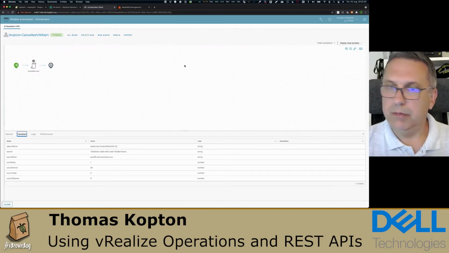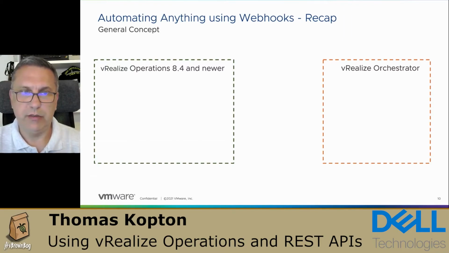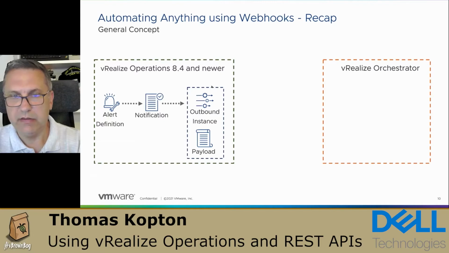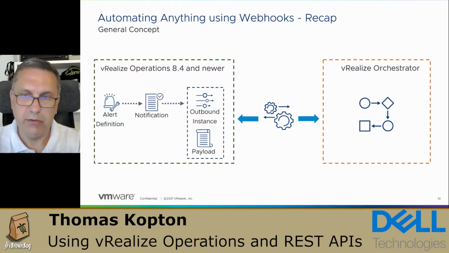If we jump quickly back to my presentation and review the concept again, what we need is operations 8.4 or newer. We need an automation tool, in that case, the Realize Orchestrator, still the alert definition, but now we use the notification. And the notification is using the outbound instance and the payload to run some automated actions, methods, workflows, whatever you have.